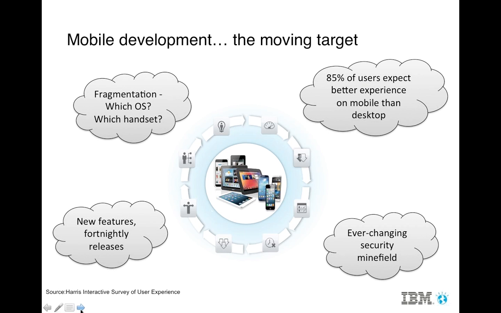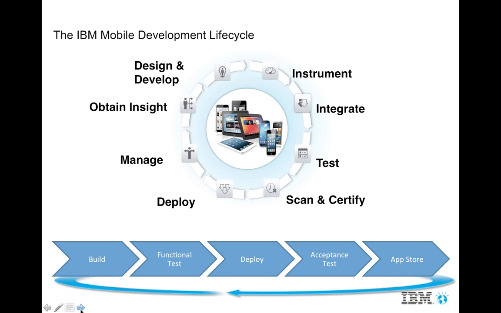The picture in the middle is what we call our software development lifecycle for mobile, and we're going to go through those facets fairly quickly today. When we're looking at mobile applications, we are obviously talking about design and development, the thing you can see, the actual functionality in the application, but we're also looking at instrumentation.